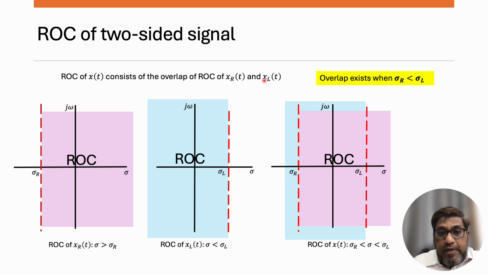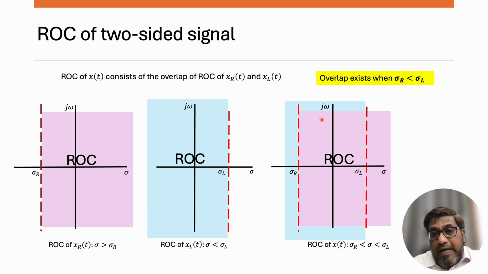Similarly, the ROC for the left-sided component is going to be extending to negative infinity towards the left side of sigma l. So this region here extending towards the left side of sigma l is the region of convergence for the left-sided component. So what is the overall region of convergence for the two-sided signal?